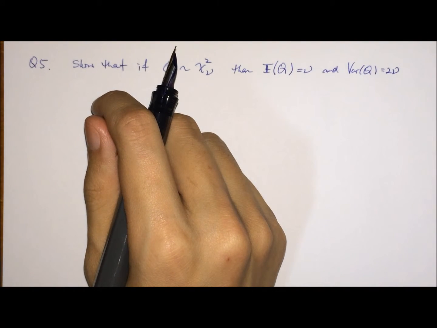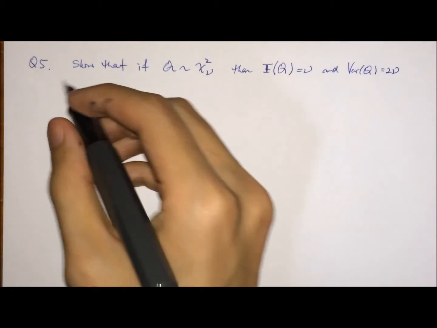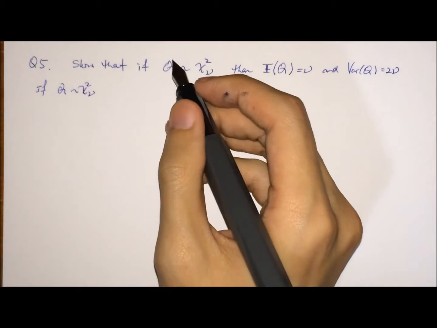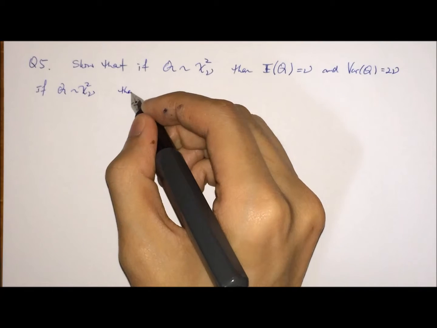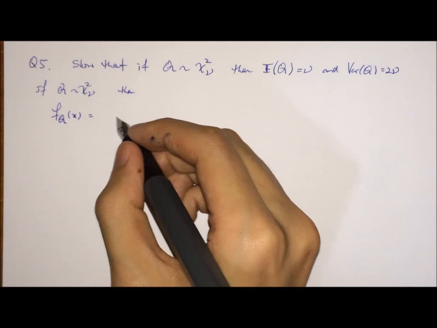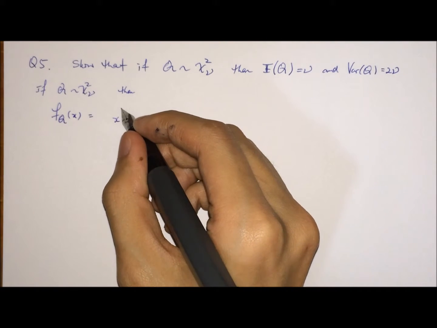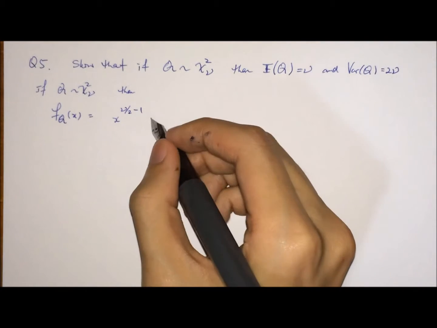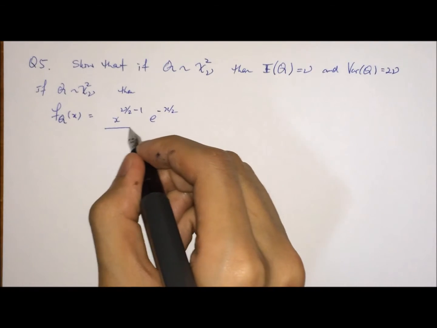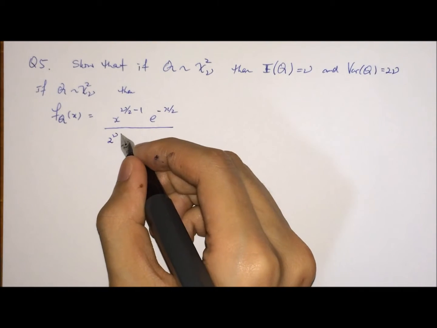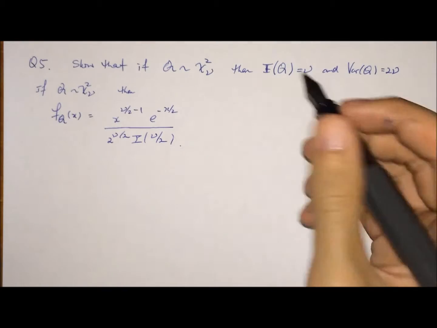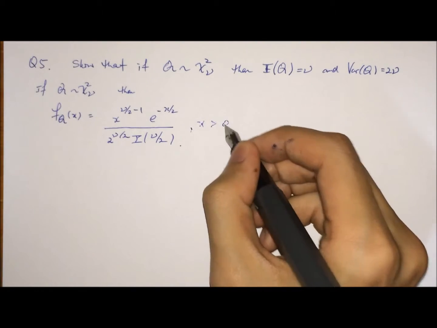If Q is chi-square nu distributed, then the density function of Q is given by x^(nu/2 - 1) e^(-x/2), and you divide everything by 2^(nu/2) gamma(nu/2), for x greater than 0.